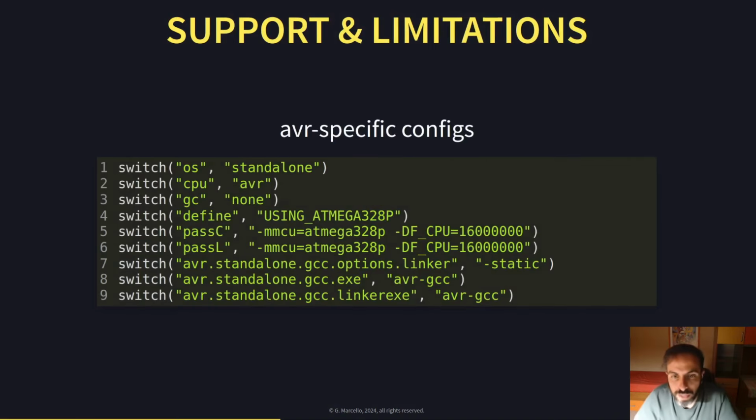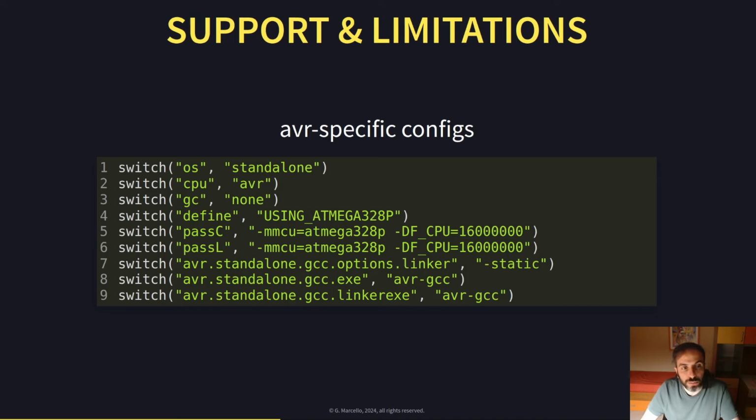Also, you have to specify a couple of flags in your configs. So this is my config.nims, a template that I generally use. You can see that you have to specify this define using ATmega328p. This is the one that is used by the library to understand which chip you're using. And also you have to pass some flags to the C compiler and linker and specify which compiler and linker you're using.